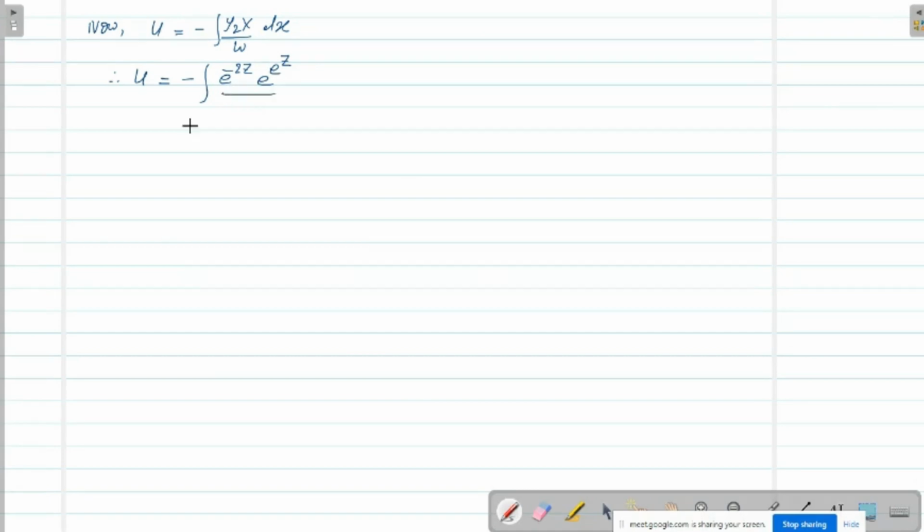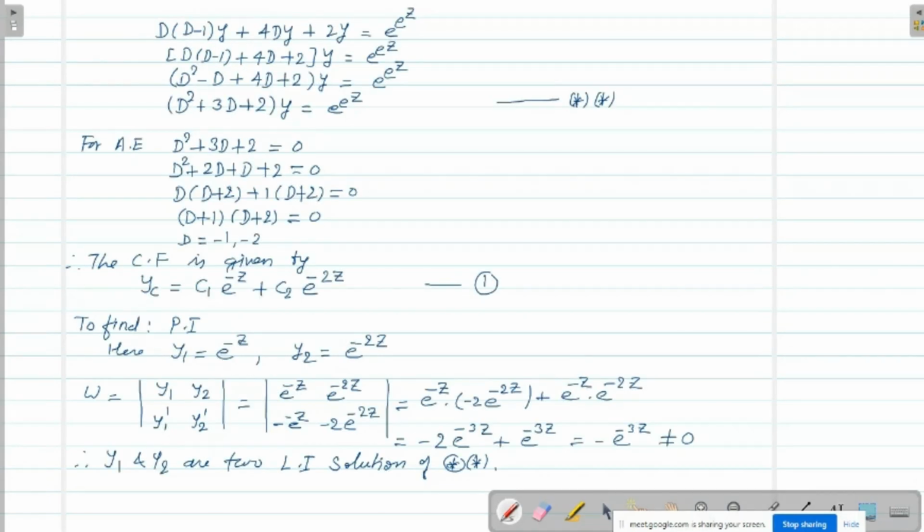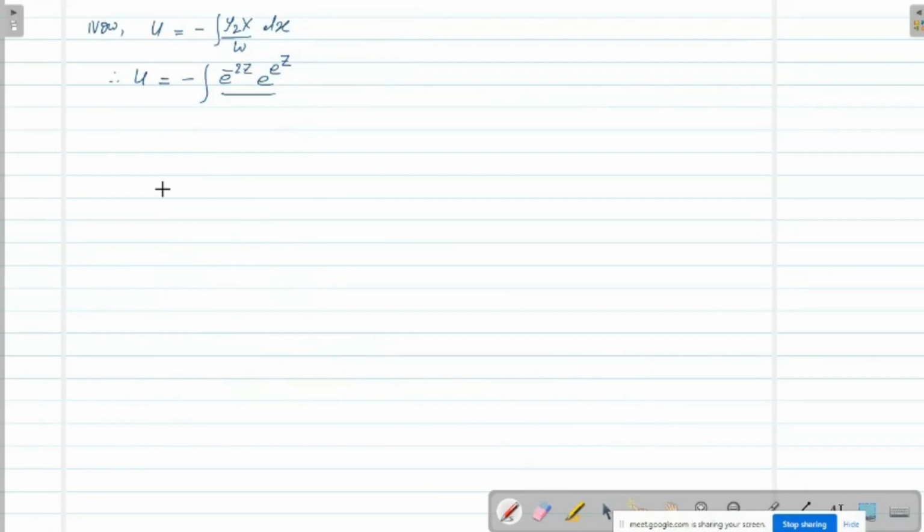And divide by W, which we found as negative e raised to minus 3z, and dz. Simplify: minus minus plus. So e raised to minus 2z, e raised to 3z into e raised to z, and dz. This can be written as integration of e raised to z, e raised to z dz.